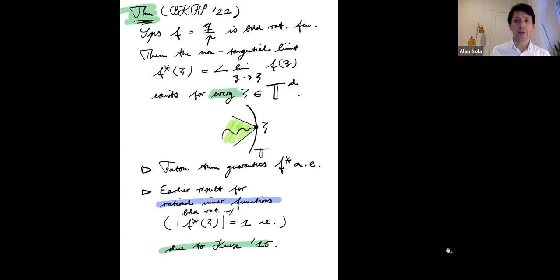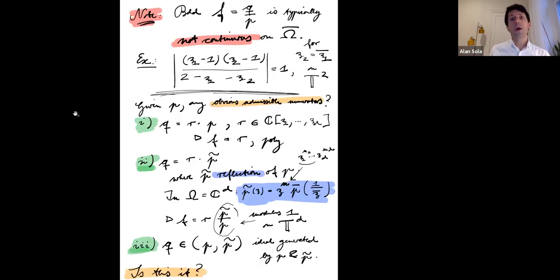Non-tangential limits exist at every point of the distinguished boundary. But the situation is not as nice as you might think in the following sense. If p has zeros on the distinguished boundary, then a bounded rational function does not extend continuously to the closure of the domain in question.